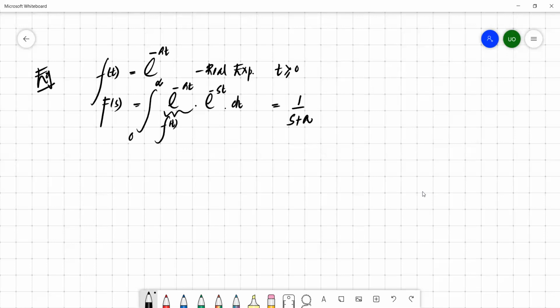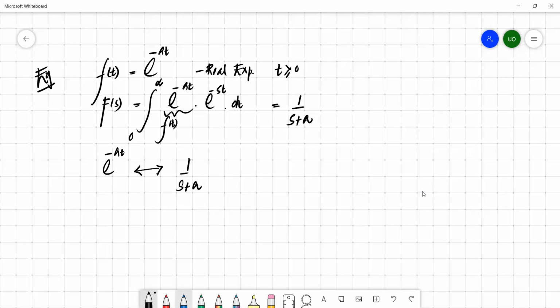Okay, so this is the Laplace transform of e to the power minus at. It means this is a kind of Laplace transform pair, e to the power minus at and 1 over s plus a.